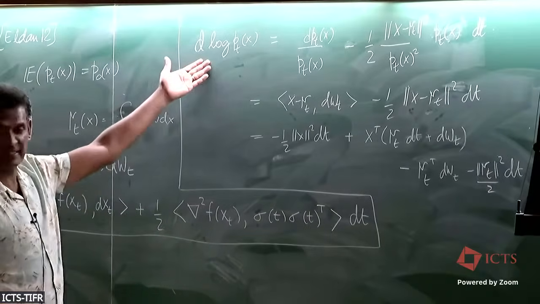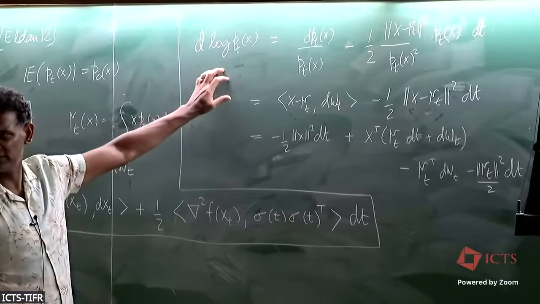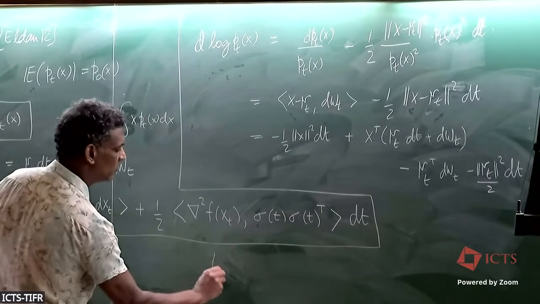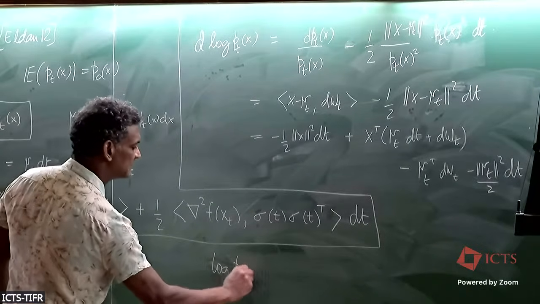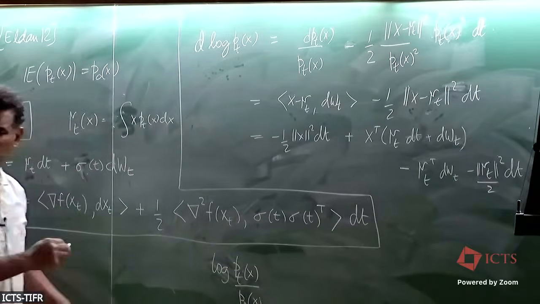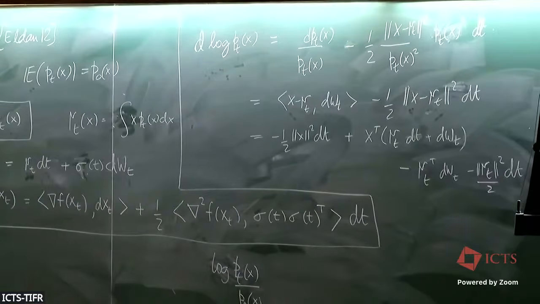Now let's integrate this. Meaning, if I go up to some time t, what is this going to be? That will be log of p_t(x) divided by p_0(x), that is, log p_t(x) minus log p_0(x), the total change, started at some p_0 and went up to some p_t.